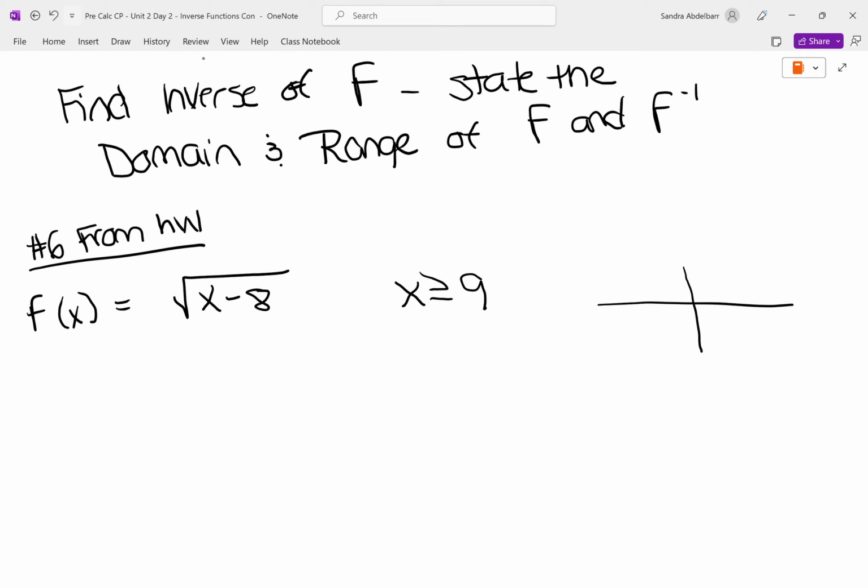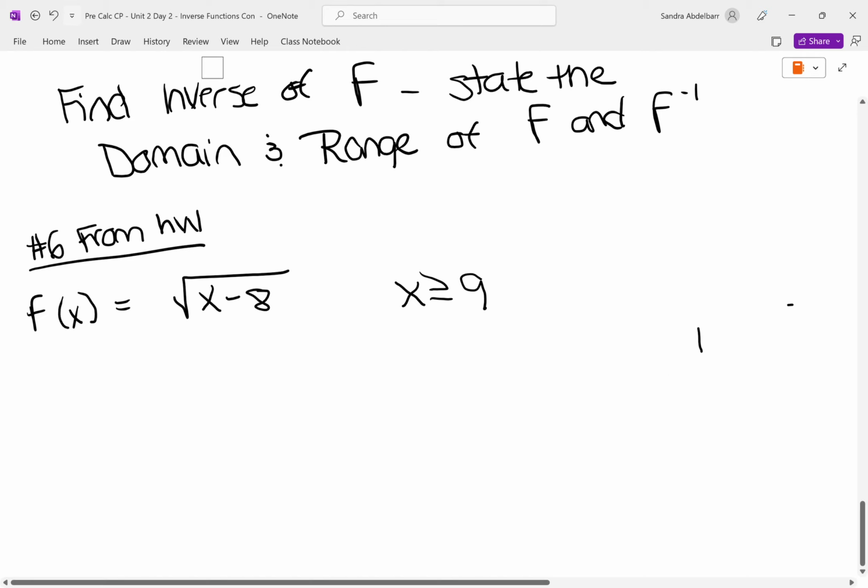Yeah. So we know it's only going to be going to the right, forever. But we have to figure out where the range is when x is greater than or equal to 9.